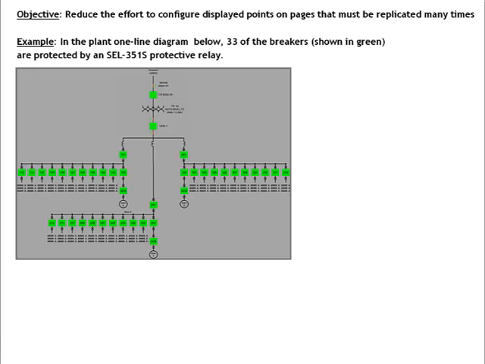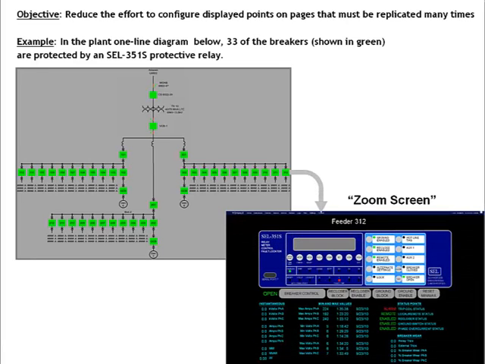So, for example, here's a rather busy industrial substation. This is actually a real image from an industrial plant. In this case, there's 33 breakers. They're actually not protected by 351S's, but I wanted to use that as an example. But let's say they were, and let's say you wanted to create a zoom screen. That zoom screen below is an actual zoom screen from a system. And you'll notice that this zoom screen has quite a bit of animated data below the image.